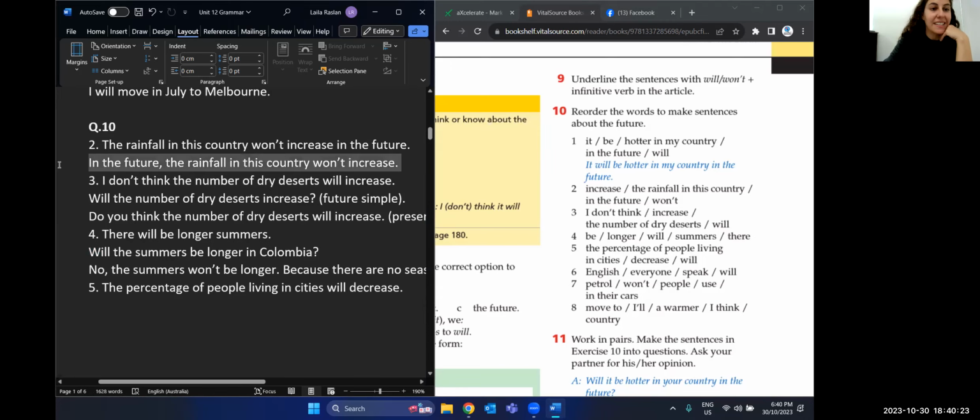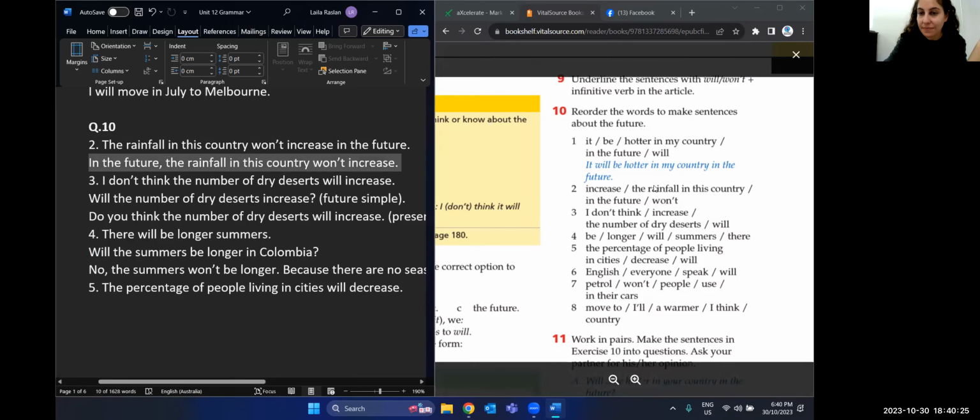So the answer is in the future, because we can use phrases before the subject. I could say tomorrow, next year, in the future, next week. So in the future, subject, the rainfall in this country won't increase. I made a negative.